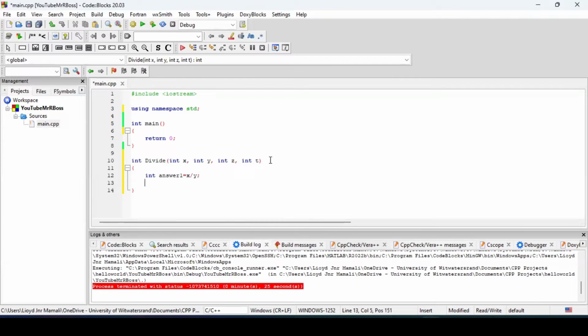And then int answer2 is equal to z divided by t. I think this is a very good way of doing things.